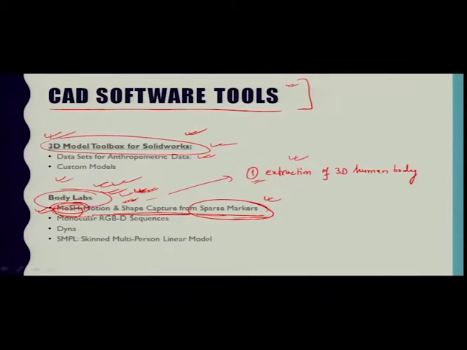There is another way to develop the various body structures or body features in 3D. Another method is monocular RGB sequences. In this strategy, the 3D geometries and human body model can be estimated from this monocular RGB sequence.